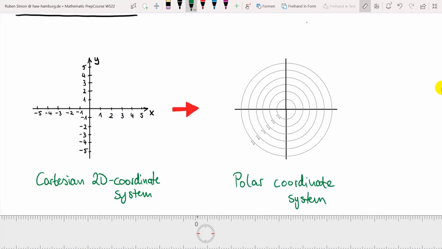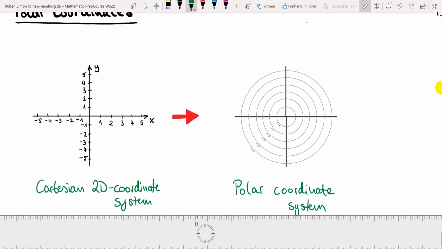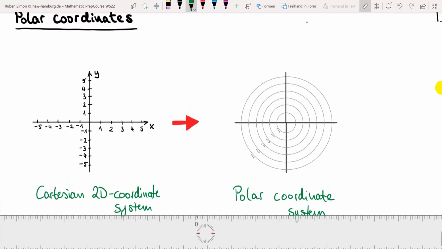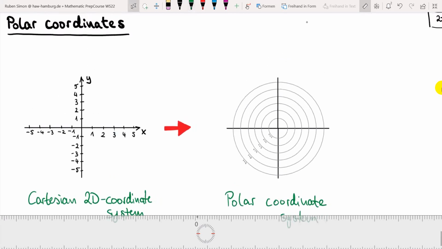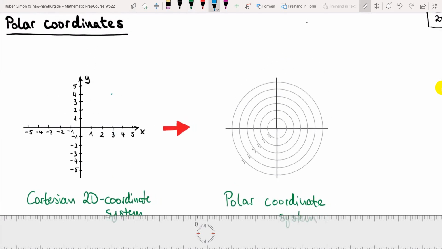Okay, and actually we can do some kind of transformation between these two coordinate systems. If you have a certain point in your Cartesian coordinate system, then you can find the exact same point in the other coordinate system too, of course. This black cross in the middle of the coordinate system will still be the same cross.